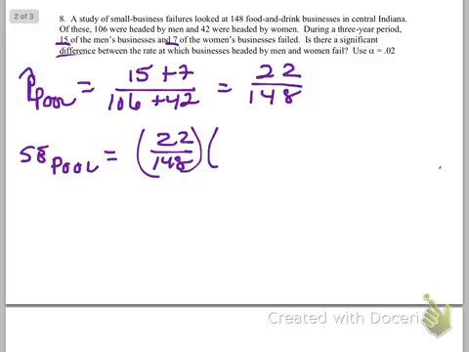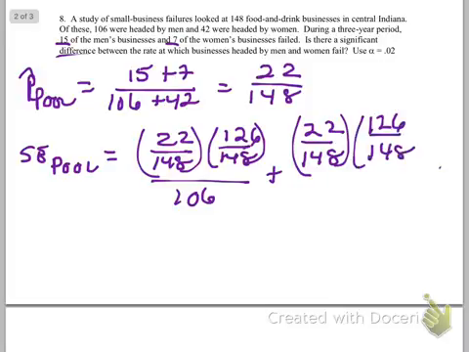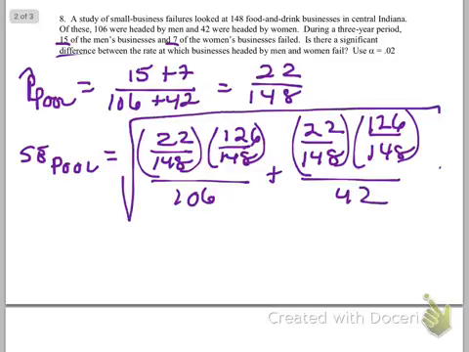So what's that, 126? 126 over 148 all over 106 plus 22 over 148, 126 over 148 divided by 42, and then I take the square root. Okay, it's very important that you say SE pool is equal to, otherwise you can't write it as the denominator. You're going to have to rewrite this whole fraction for the denominator for my z-score.